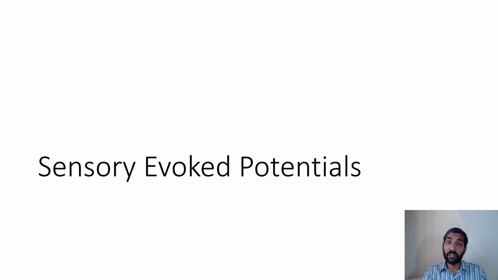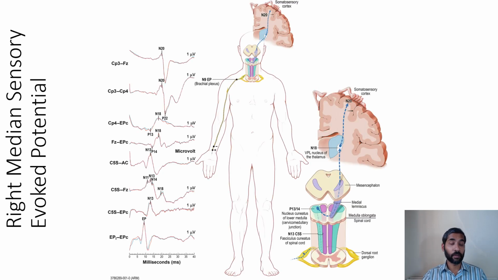You can have sensory evoked potentials. So instead of giving a visual stimulus, you could give a sensory stimulus and then look at the sensory system to the brain to see whether it is working well. There are various ways of doing it, right? You could stimulate, for example, the right median nerve here, and the signal then travels all the way through the median nerve into the spinal cord, through the spinal cord into the brain, where we have electrodes here, and we are recording from these electrodes, and you are expecting to see these shapes.